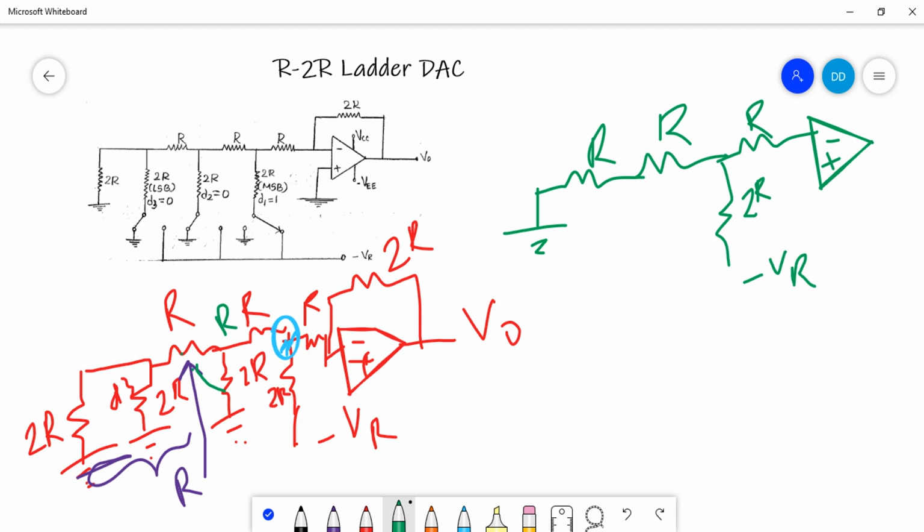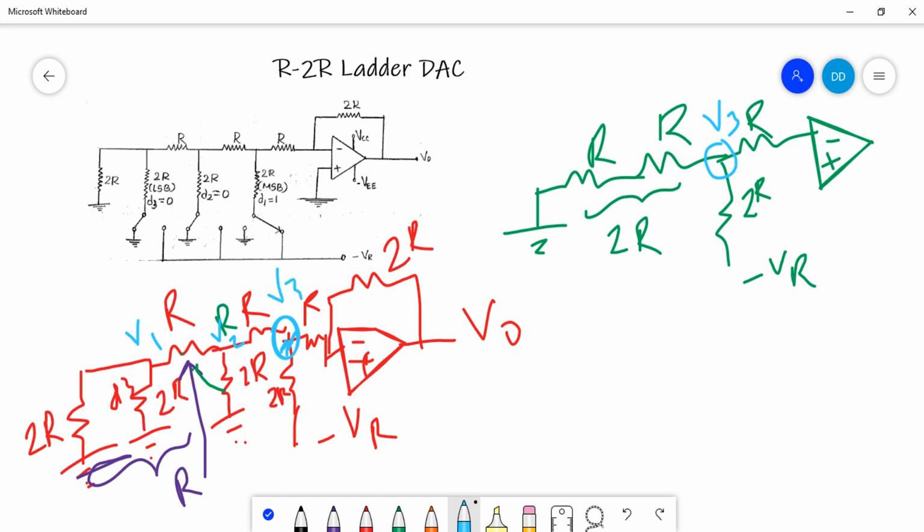This is what it is. So these two combinations give us 2R again. So we can tell that the voltage at this particular node, say we name it as V3. Okay, this is V1, this is V2, this is V3.